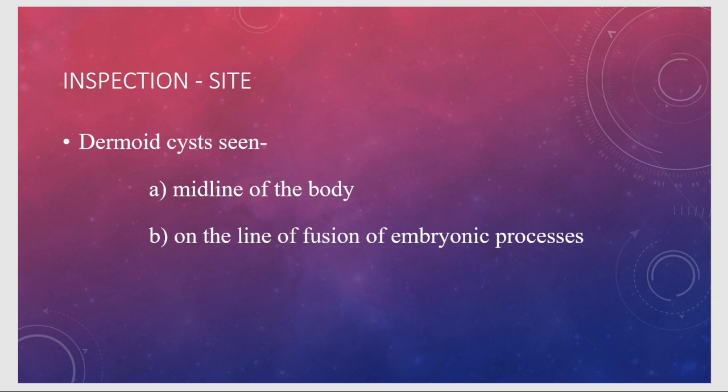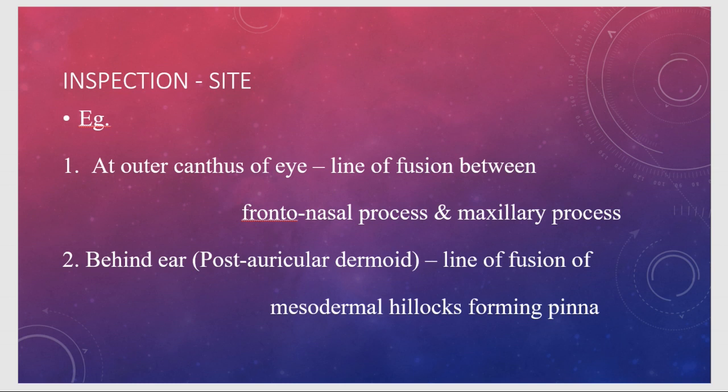If a swelling is there, always suspect dermoid cyst. This is the importance of site. For example, if any swelling is present at the outer canthus of the eye, it could be a dermoid cyst. Why? Because the outer canthus of the eye is overlying a line of fusion between the frontonasal process and the maxillary process.